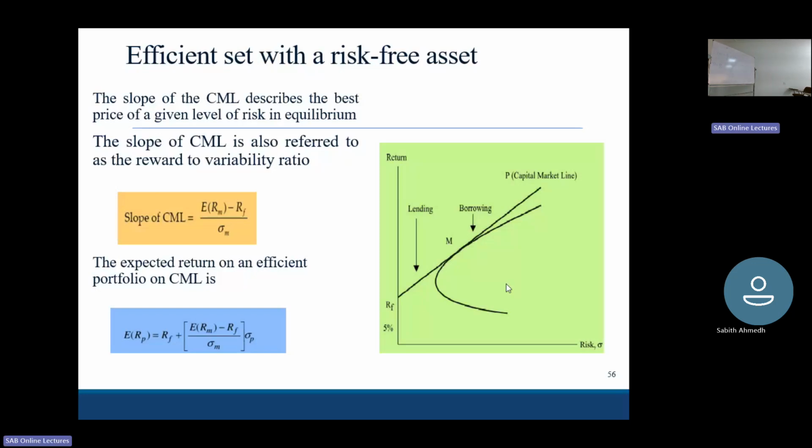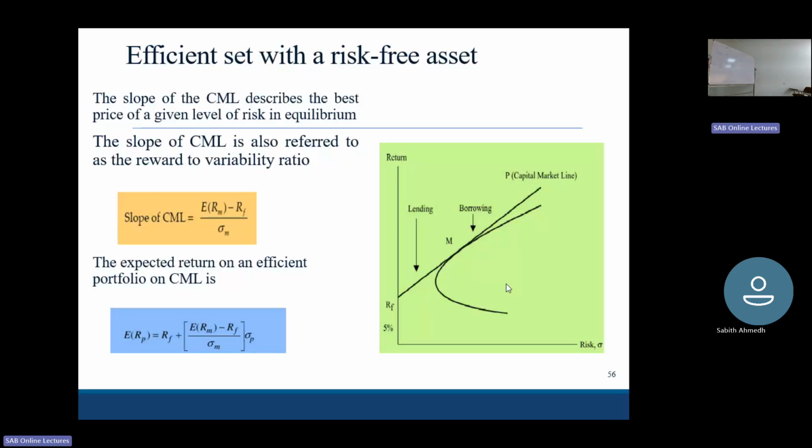The slope we can find under systematic risk. The slope provides the premium given per unit of systematic risk.